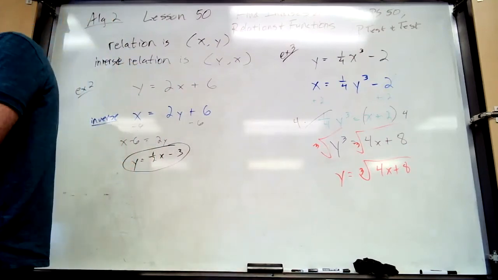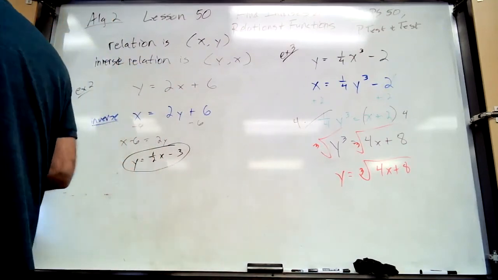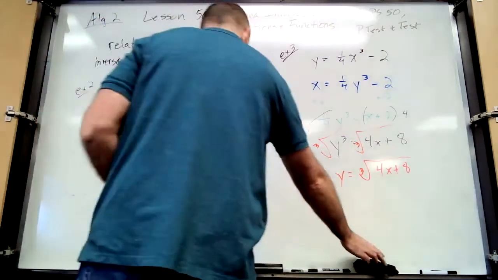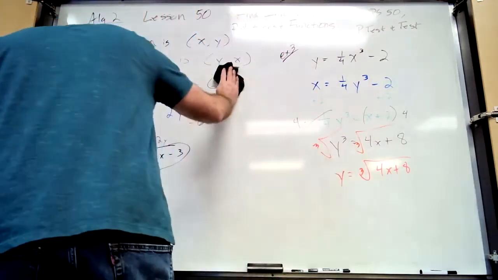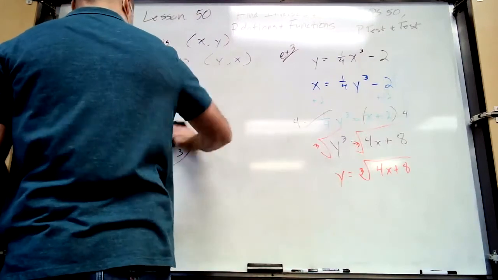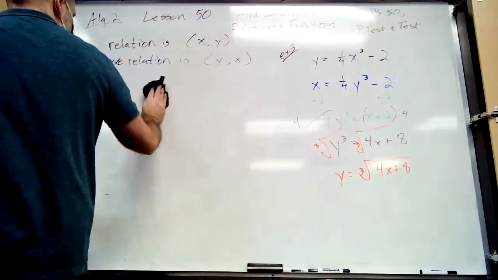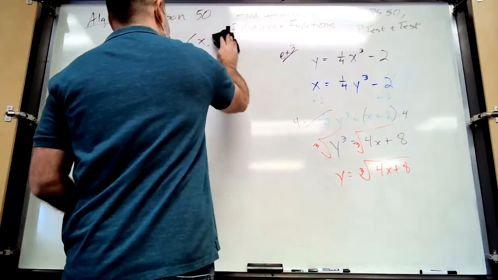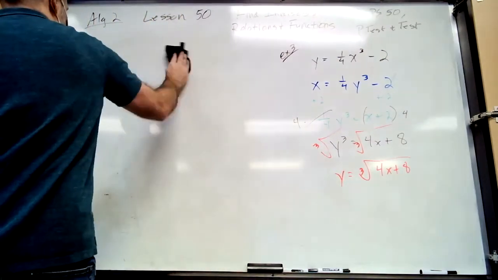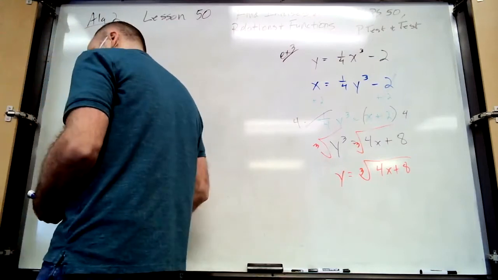So let me show you an example, and then we'll be done with that. Two steps: defining the inverse, reverse the x and y, and solve for y. That's it.